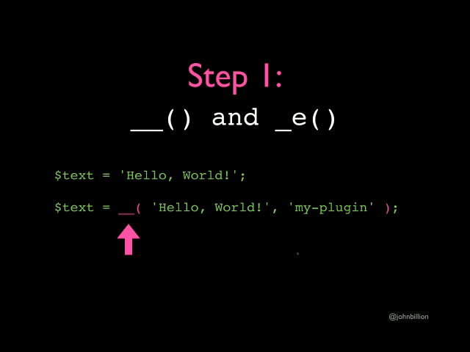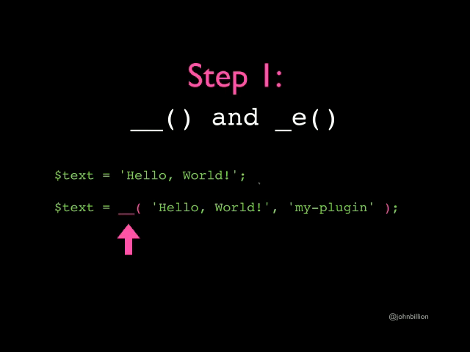So let's have a look and see how we can make our plugin or theme internationalized. There's 3 steps to this. The first one is the double underscore and the underscore E functions in WordPress. On this first line here, this is just a regular phrase, hello world.